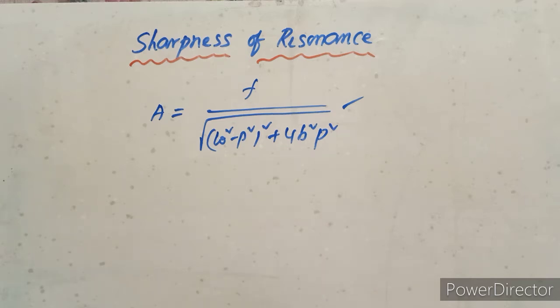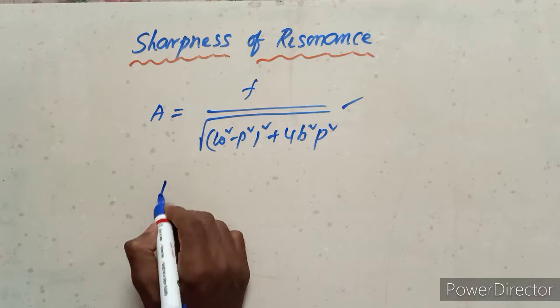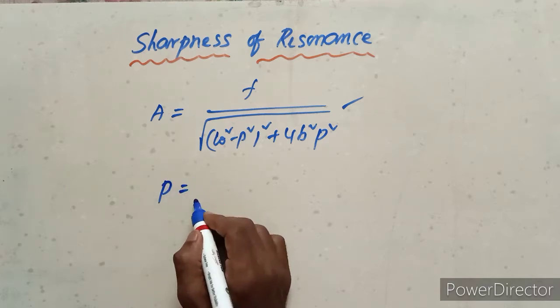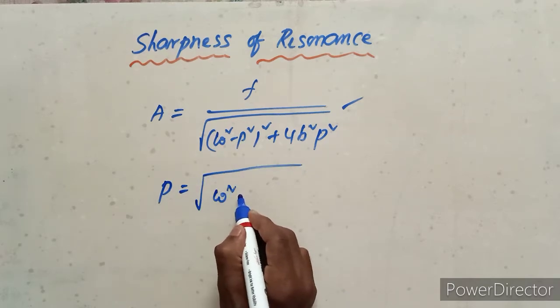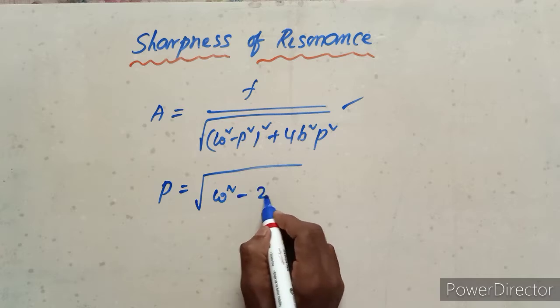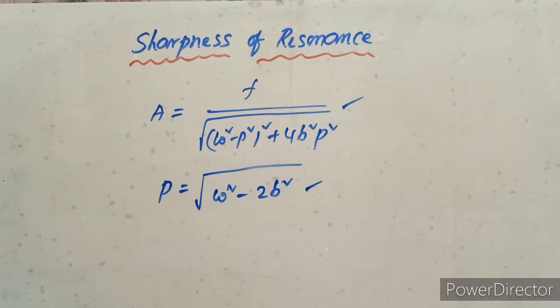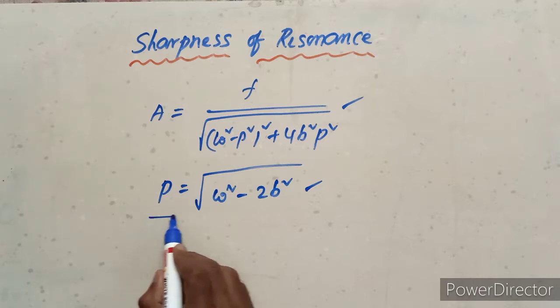Already we know that at amplitude resonance, p is equal to under root omega square minus 2b square. So this is the p value.